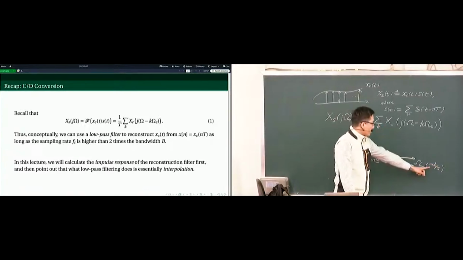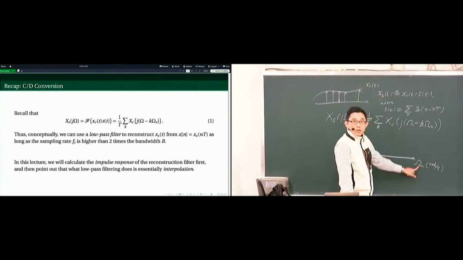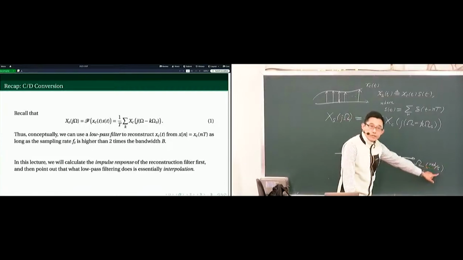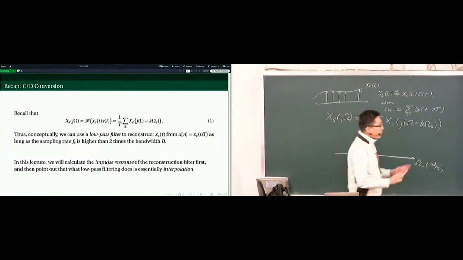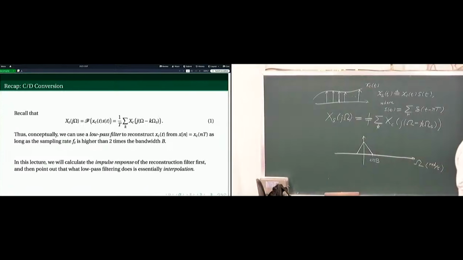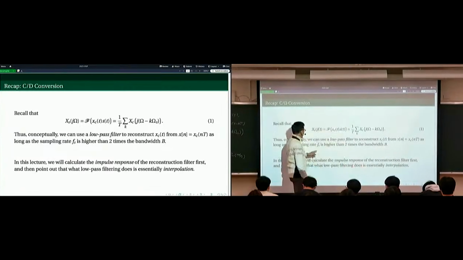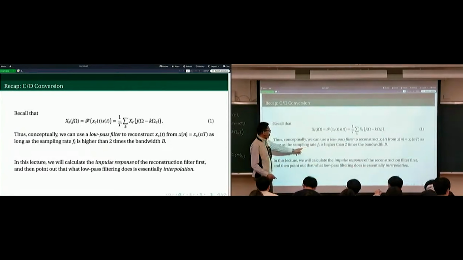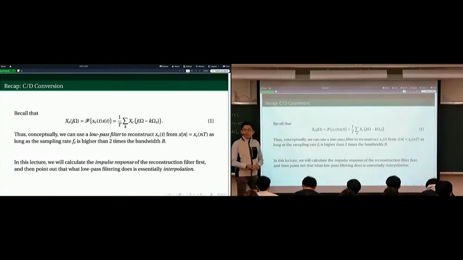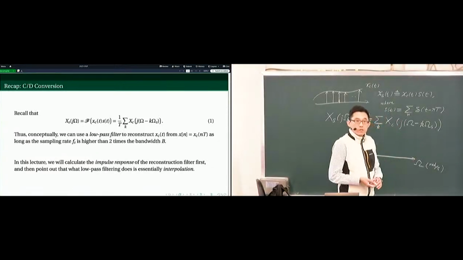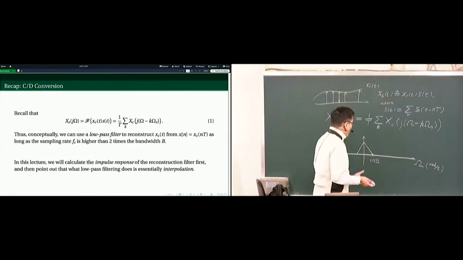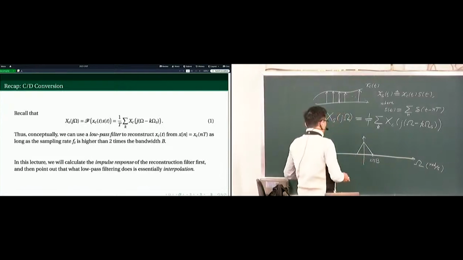Here I'm assuming big omega has a unit of radian per second, which is 2 pi times hertz. So I say a bandwidth b in hertz; the criterion is that as long as the sampling rate is at least 2 times higher than b in hertz, then we are pretty good.